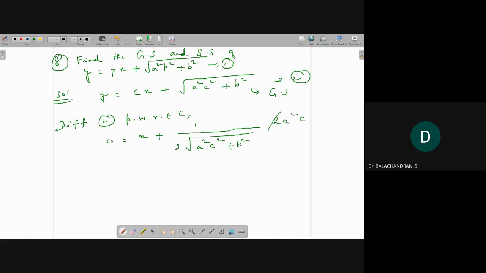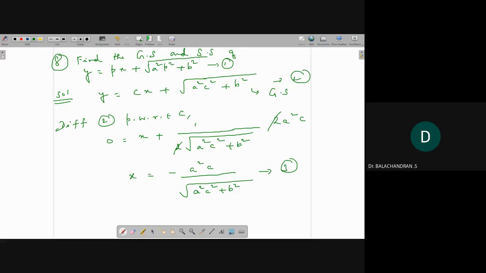So 2 gets cancelled. From this you can get x is equal to minus a square c divided by root of a square c square plus b square. But at this stage I don't get any idea. Okay, let us try. I'm going to substitute the value of x in equation 2.